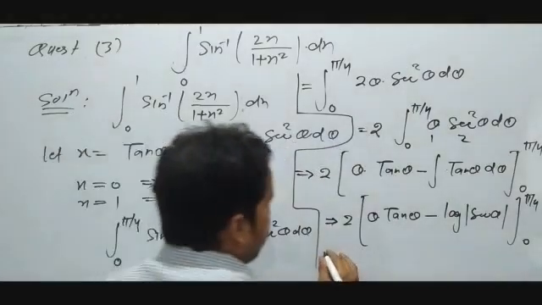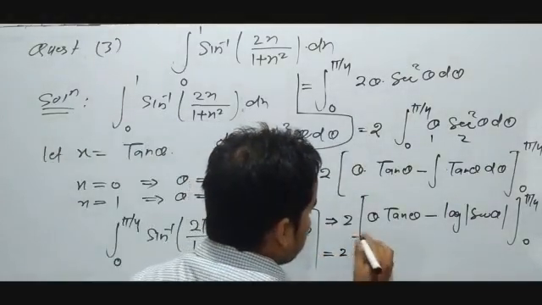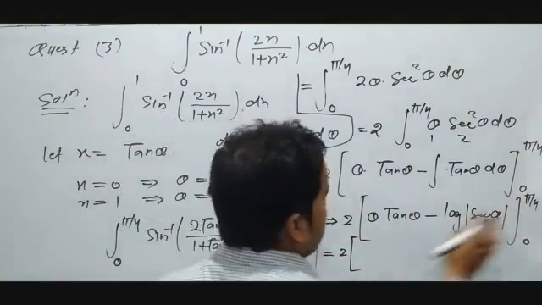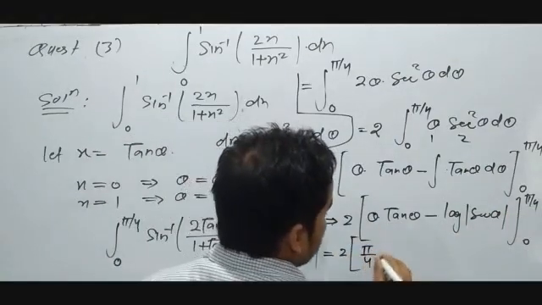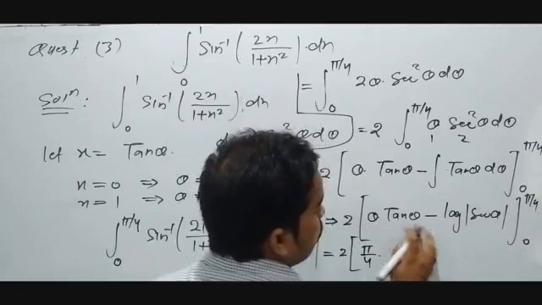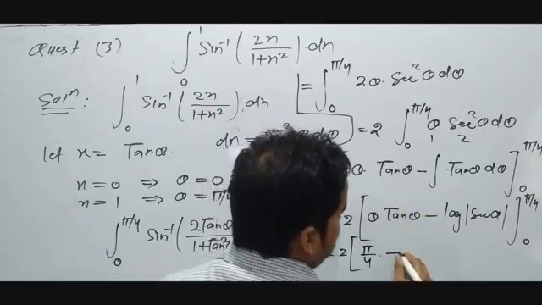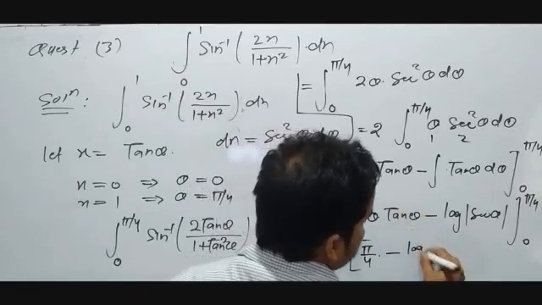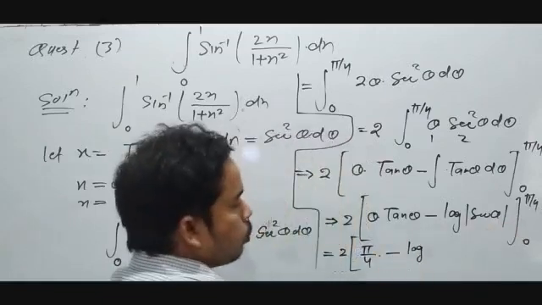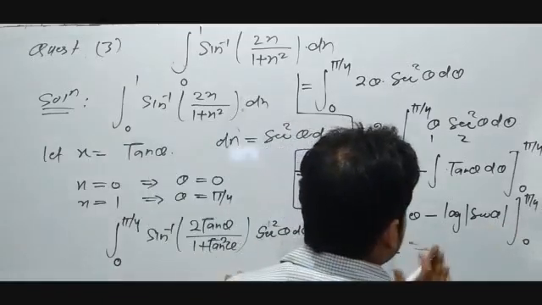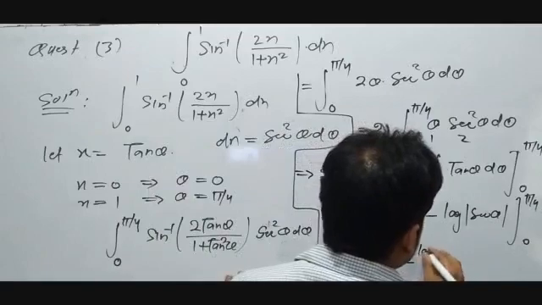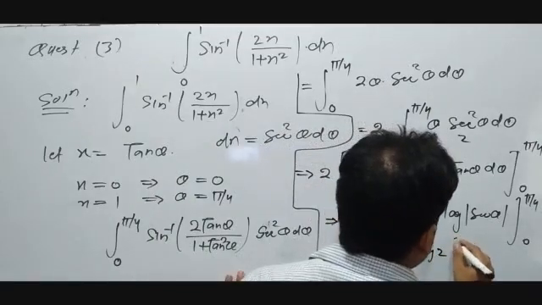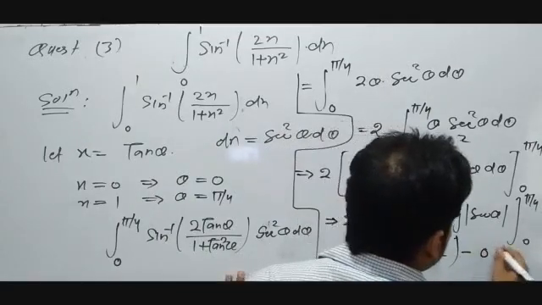Now when you put the value, theta is equal to pi by 4, so pi by 4, tan pi by 4 is 1. So pi by 4 minus log of sec pi by 4, which means root 2. Log root 2 means 1 by 2 log 2. This is the upper limit, and minus the lower limit will be 0.